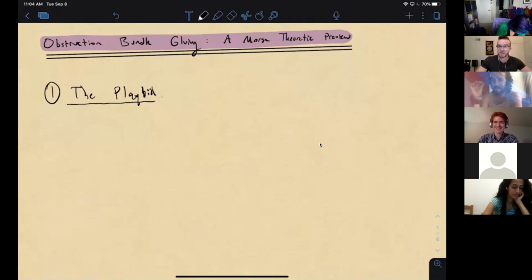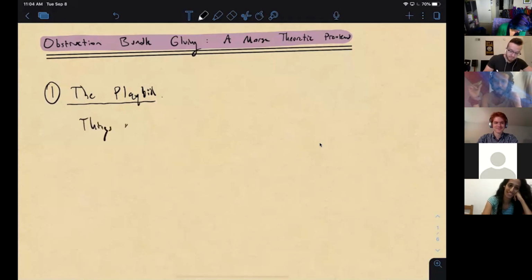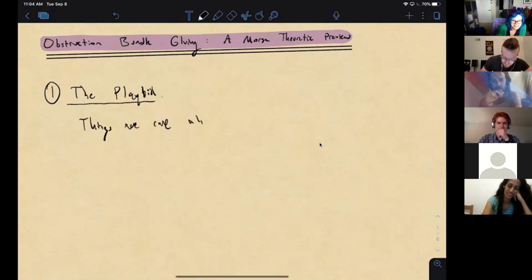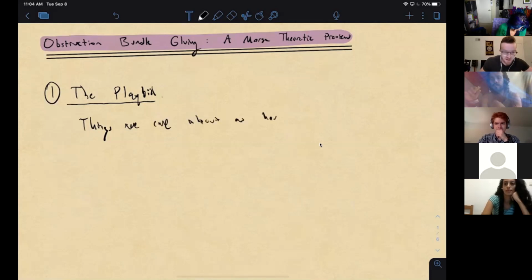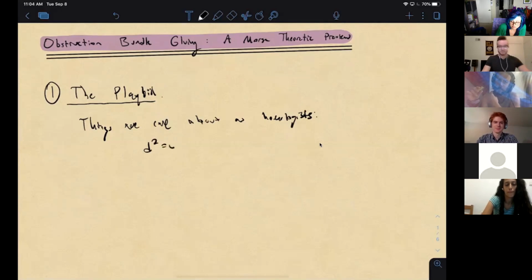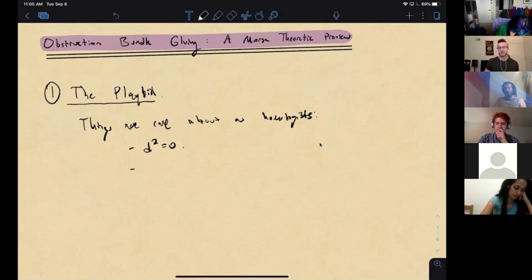But whatever shape or size or mathematical aptitude we come in, there are a couple of things we care about as homologists. One of them, for example, is showing that d squared is 0 in our homology theory. Another thing we care about is showing that our homology theory actually is a topological invariant, a homotopy invariant.